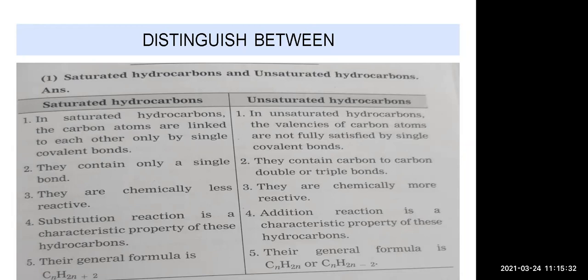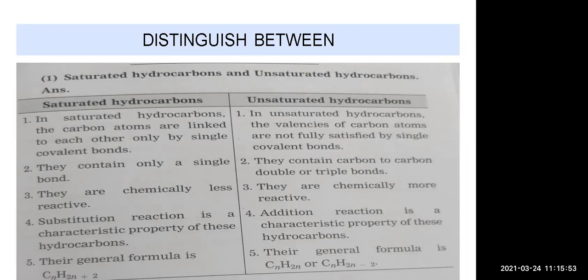In one of the true and false questions it was asked whether unsaturated hydrocarbons are not more reactive than saturated ones, but they are more reactive. That means saturated hydrocarbons are less reactive than unsaturated hydrocarbons.